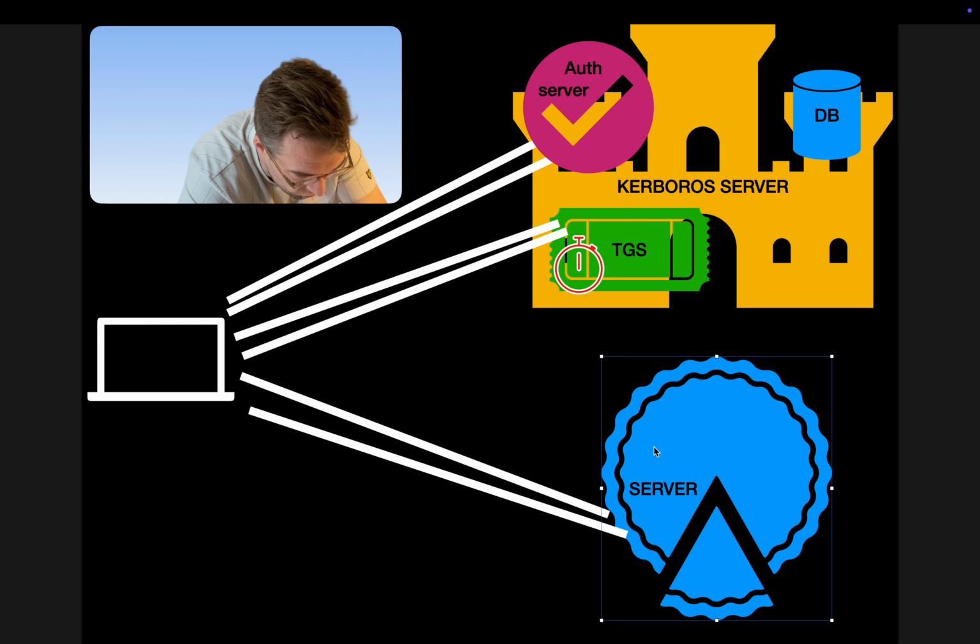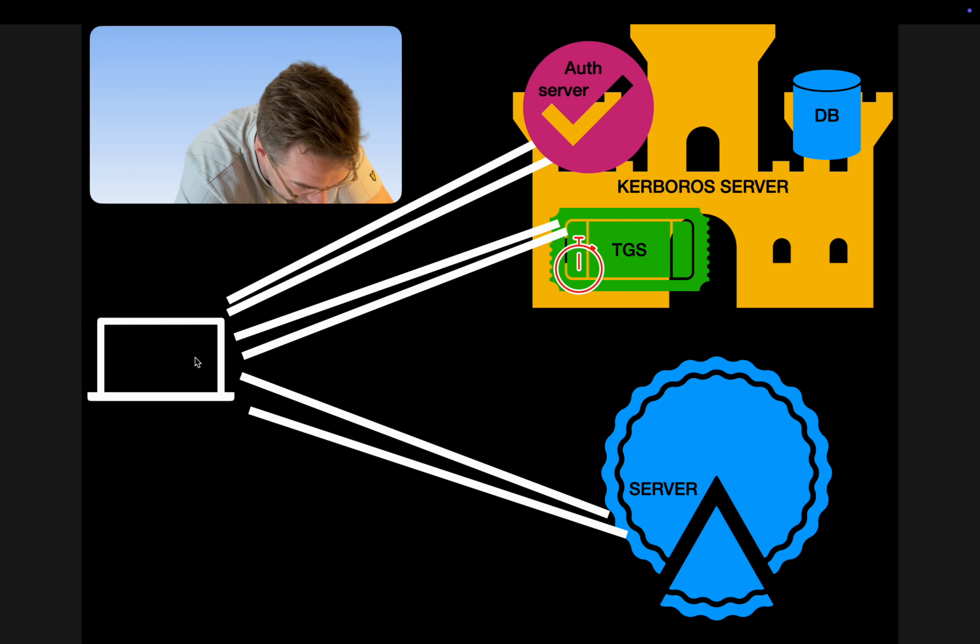Well, the server needs to know if this client is authenticated, and when it's part of a Kerberos realm, the server will then need to verify that the client has a ticket that can validate their authenticity. So in order to communicate with the server, the client needs to communicate with the auth server prior, for authentication.